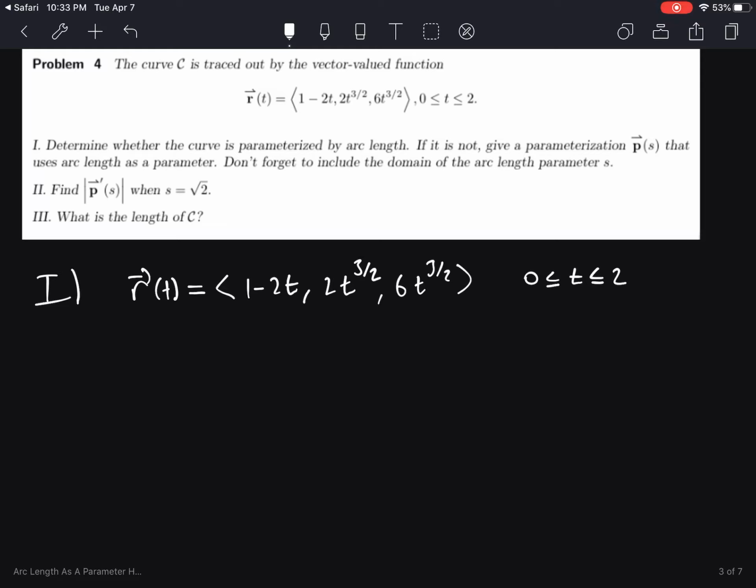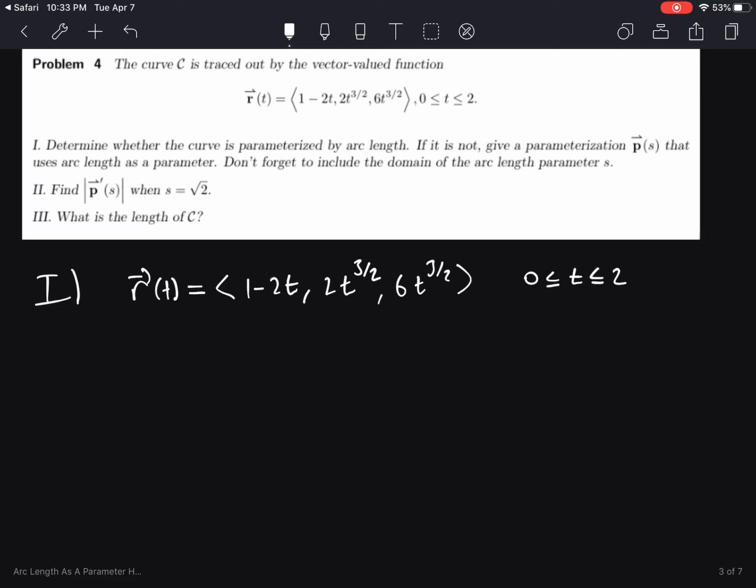If you take the derivative of this, you get velocity. I'm trying to make sense of these things by using physical quantities. You should think of this as a position vector, and when you take the derivative, you get velocity. But we are looking for speed. A parameterization is an arc length parameterization if and only if it is a unit speed parameterization.